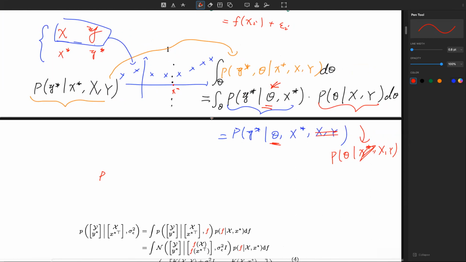So maybe more generically, I'm going to write X given mu, sigma, and a prior on mu with mu 0, sigma 0. If I integrate mu out, I'm also going to get a Gaussian distribution back.